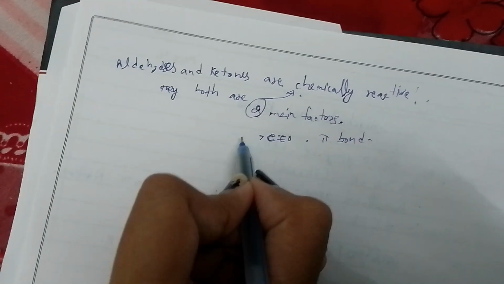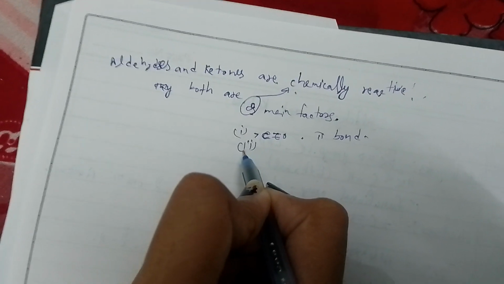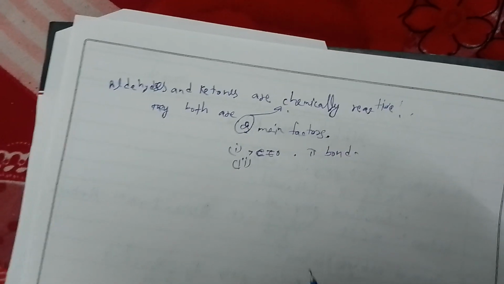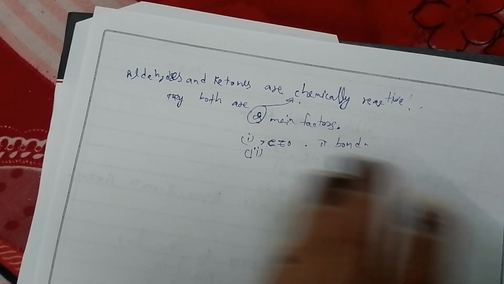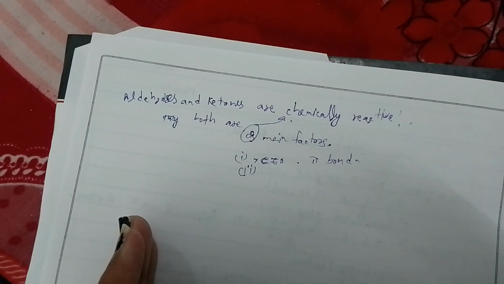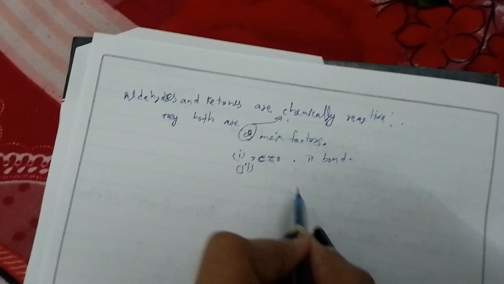The next factor is that due to the high electronegativity difference between carbon and oxygen atom, there occurs separation of charge, and thus C=O is polar in nature.